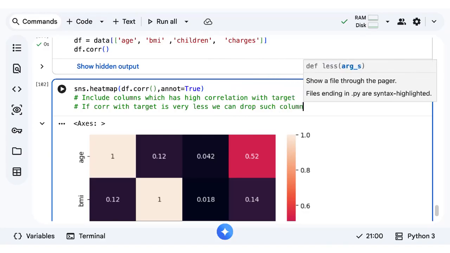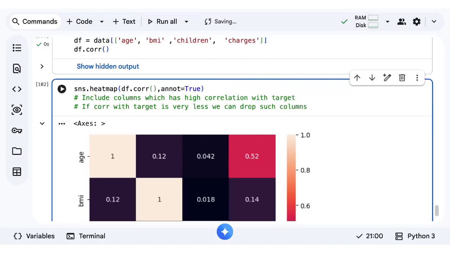No point in including such columns. This is applicable whenever you have so many columns. Include only the features which have high correlation with the target.